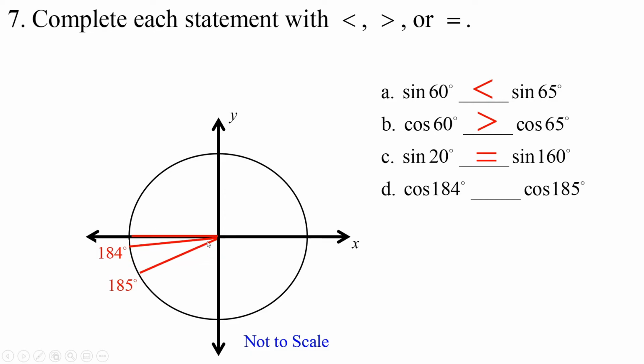So this negative distance represents the cosine of 184 degrees, and then this negative distance represents the cosine of 185 degrees right there. All right, well, it looks to me like cosine of 184 is a little farther to the left than cosine of 185. So cosine of 184 would have to be less than cosine of 185. And again, think about it because you're going in a negative direction, but this is going to be a less than. All right, number 7 in the books.